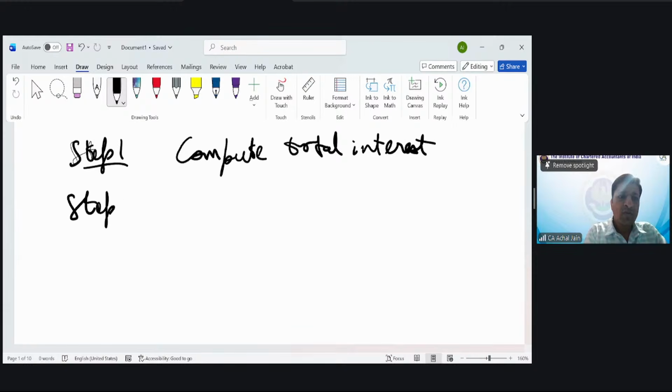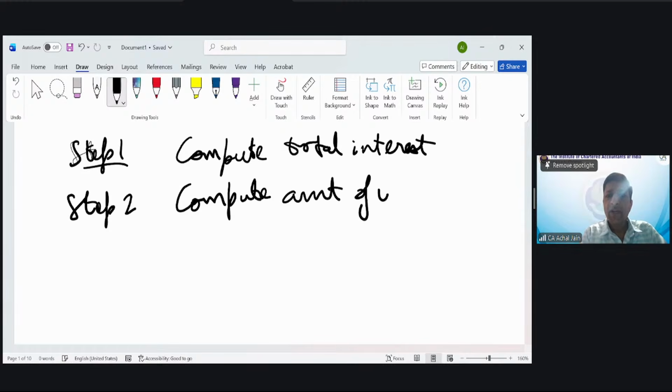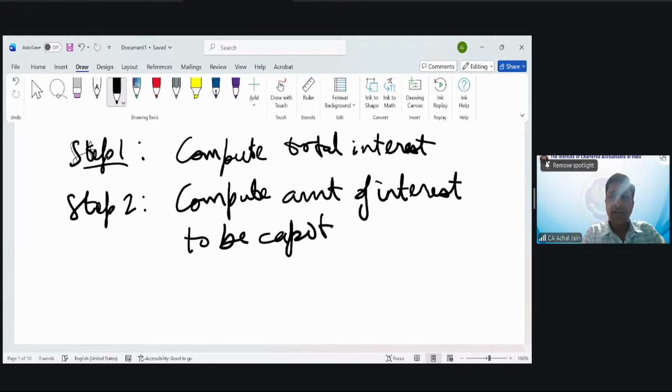Step two, compute amount of interest to be capitalized, the way you have done in this question. Okay. Now, step three is going to be very simple.